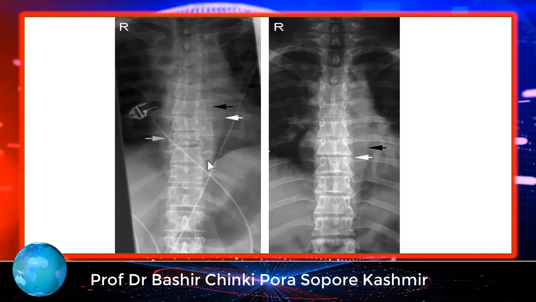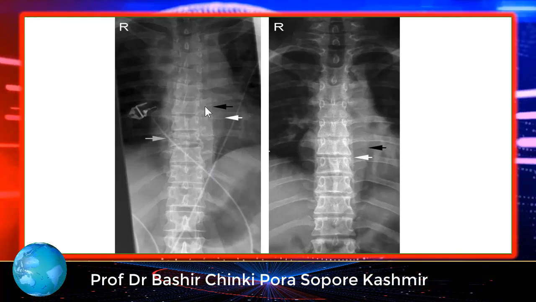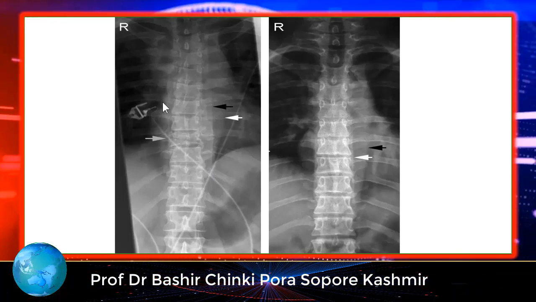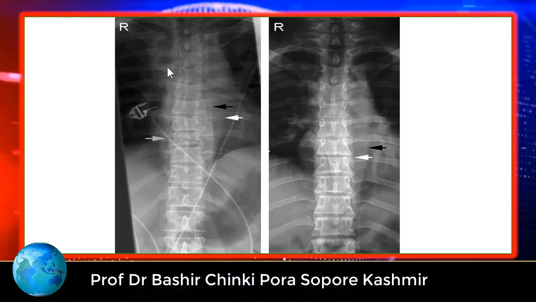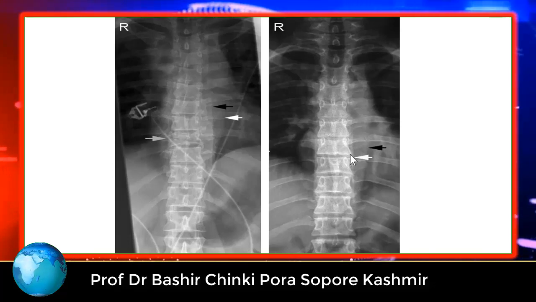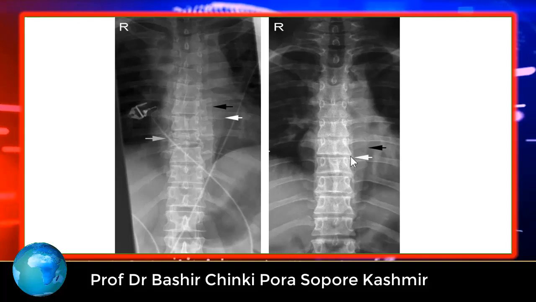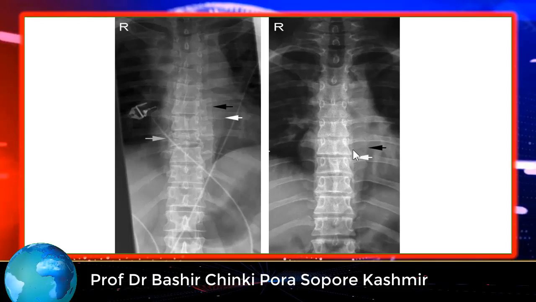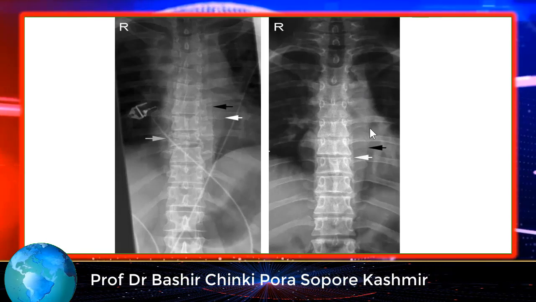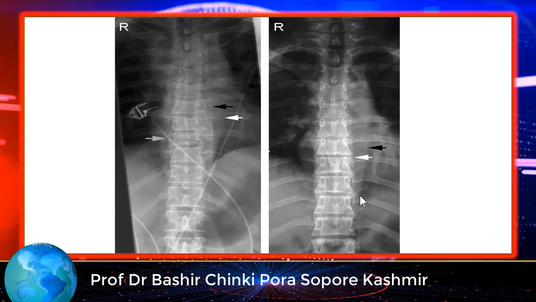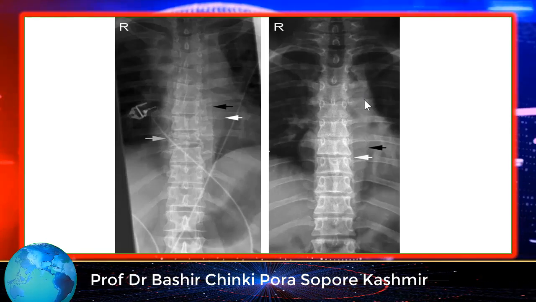So here again, this is the left paravertebral strip, and this is the right paravertebral strip. Here also you see this shadow. This is the left paravertebral strip, and lateral to this, this shadow which is coming from here is the shadow for the descending aorta.